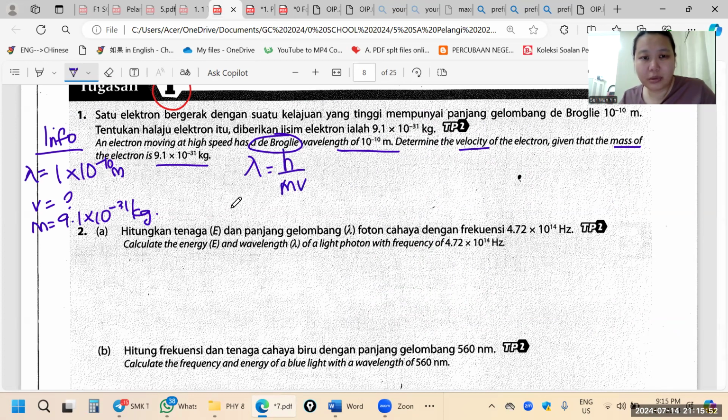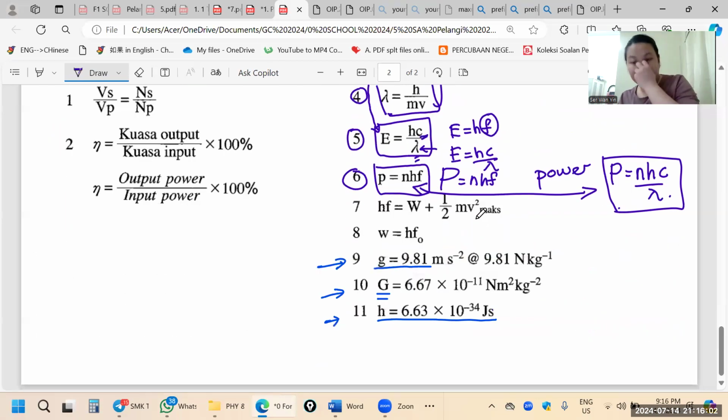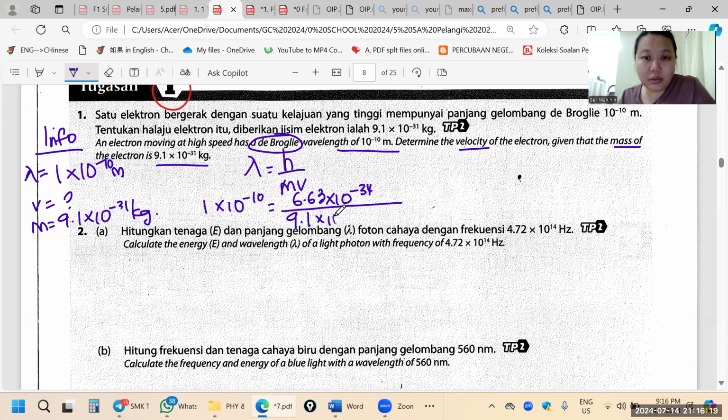So lambda, 1 times 10 powers of negative 10, equals 6.63 times 10 powers of negative 34 over 9.1 times 10 powers of negative 31 times v.